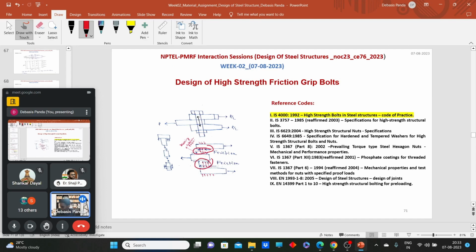For that we have a dedicated code rather than IS 800. This code we need for designing the high strength frictional grip bolts.